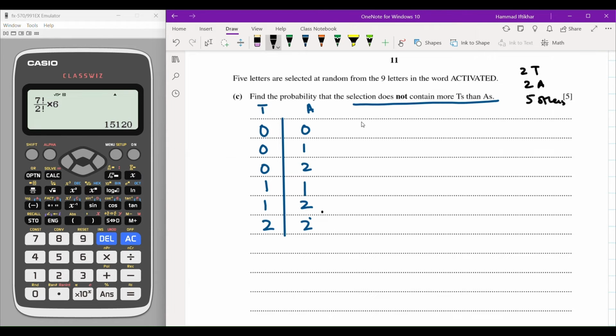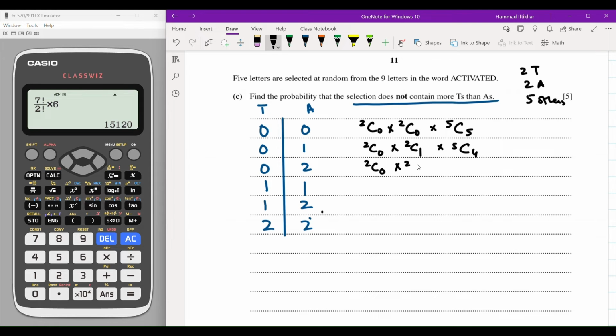So we have 2C0 because none of the A's and T's are selected, but from the other 5, 9 minus 4, we are selecting all of them. Similarly, 2C0 times 2C1 times 5C4 because now you're selecting 4.